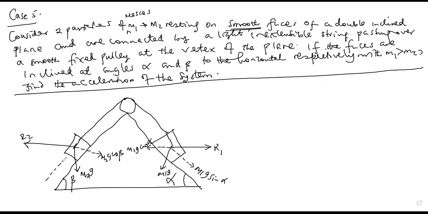But remember, the faces are smooth, so we don't have any frictional force. And here it will be m2g sin beta. We have tension of the string. But remember, m1 is greater than m2. So the system is accelerating these ways.